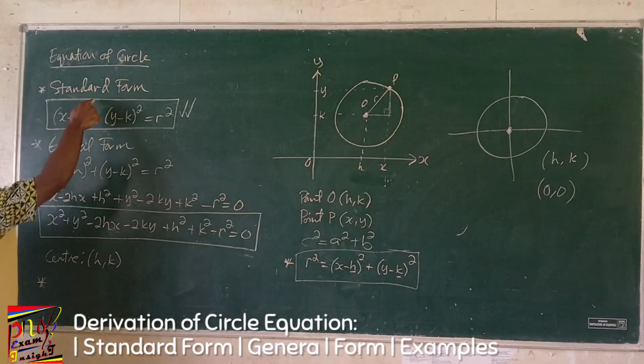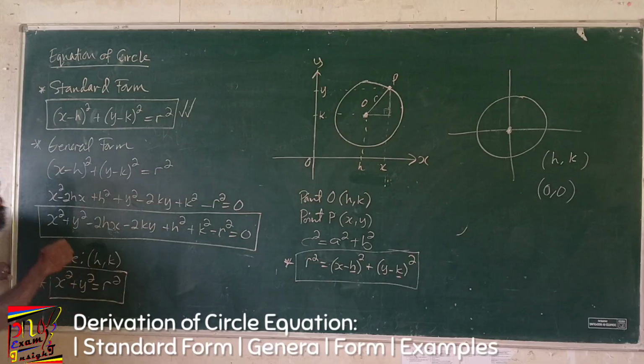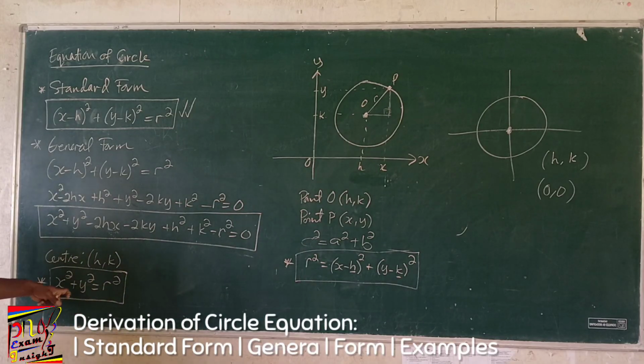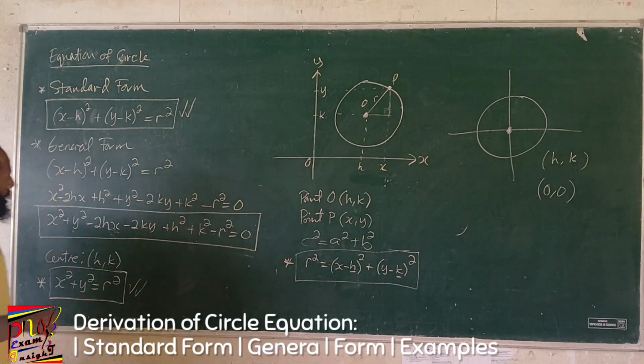So now you just have x squared and y squared. If the center is at the origin, then our equation reduces to x squared plus y squared equals r squared. So those are the equations of a circle, for the general form.